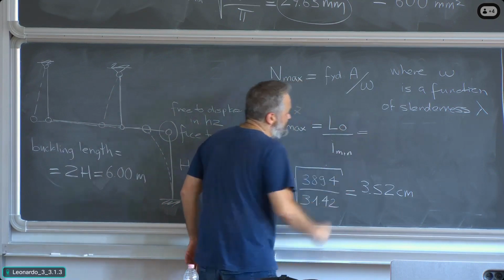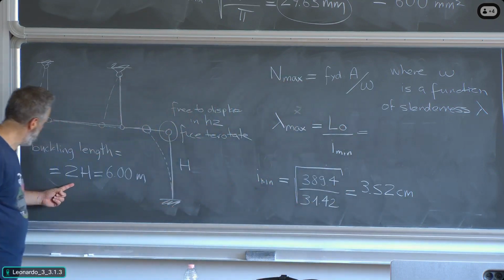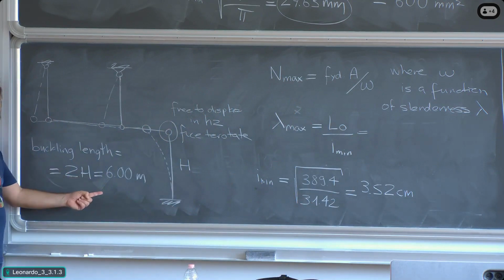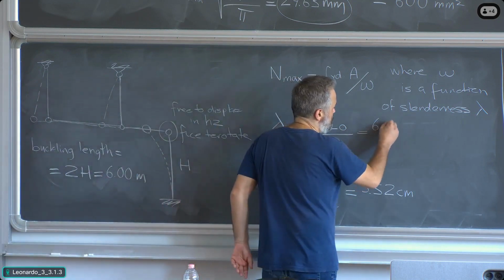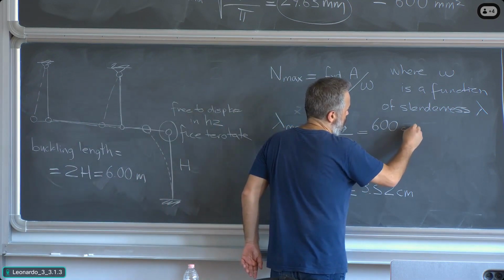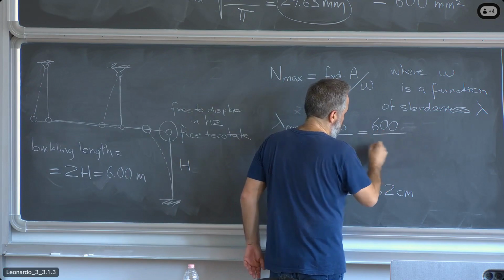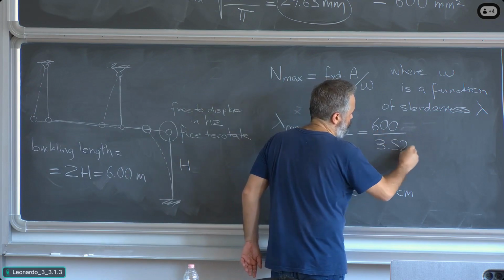How much is L0? We see it here. Buckling length is 6 meters. How many centimeters? 600 centimeters, divided by 3.52.